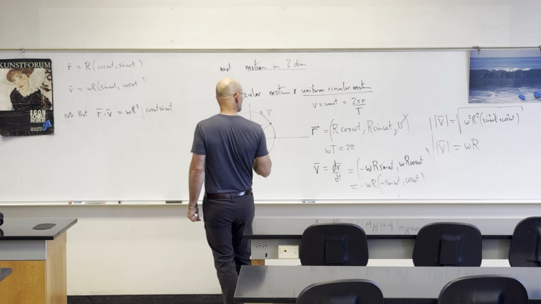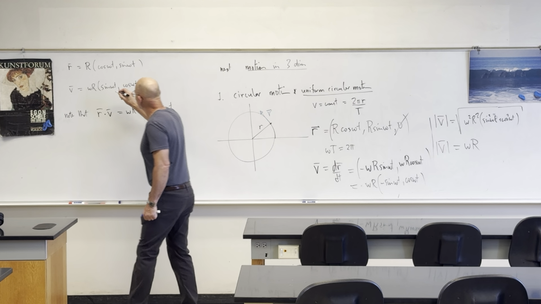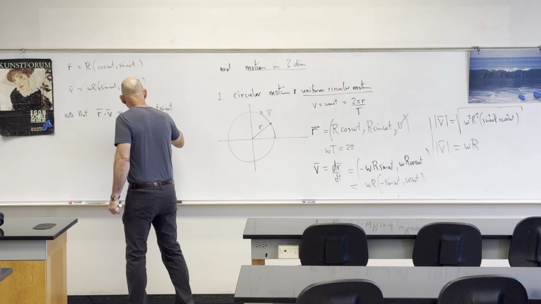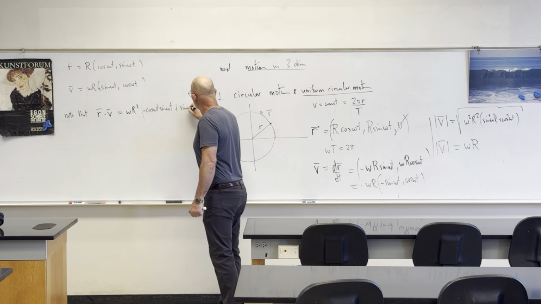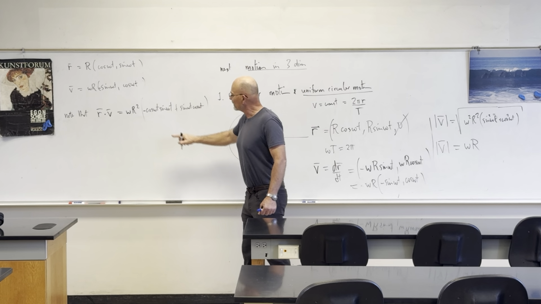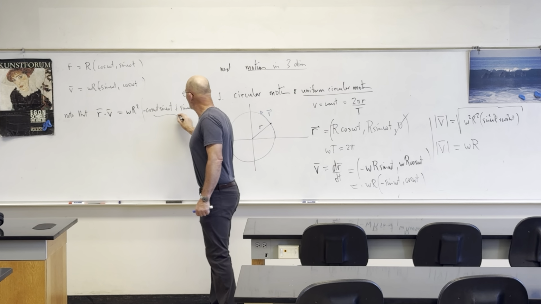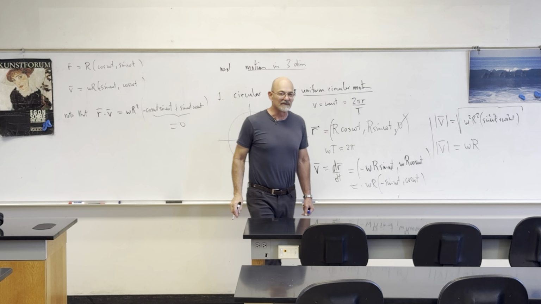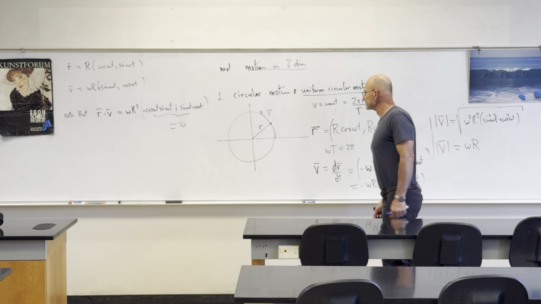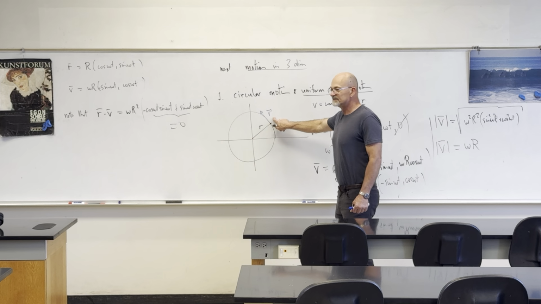And one of these has a minus sign, this one. Sorry. So I've got minus cos omega t sine omega t plus sine omega t cosine omega t. Okay. So that equals 0, and that tells us that these two vectors are orthogonal, perpendicular to each other. And there's my picture.